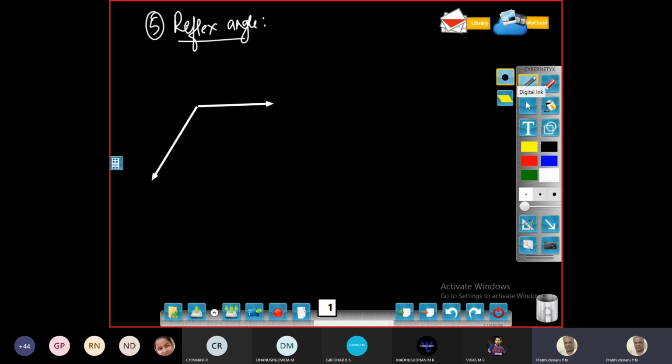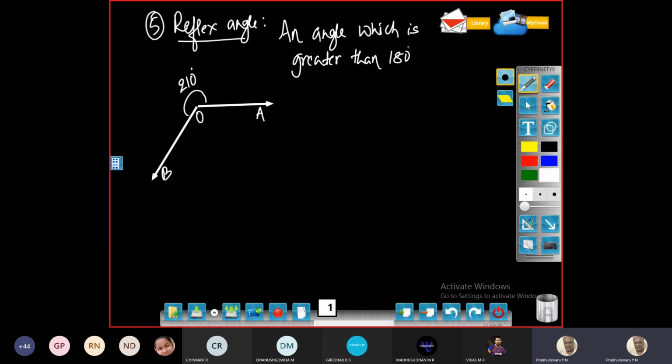We call this the vertex, and this is A, this is B, and this angle measures more than 180 degrees, so it is called a reflex angle. An angle which is greater than 180 degrees is called a reflex angle.